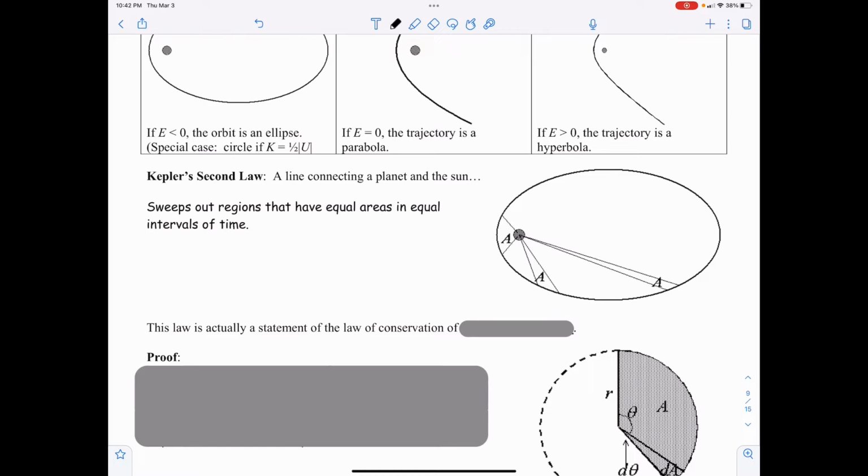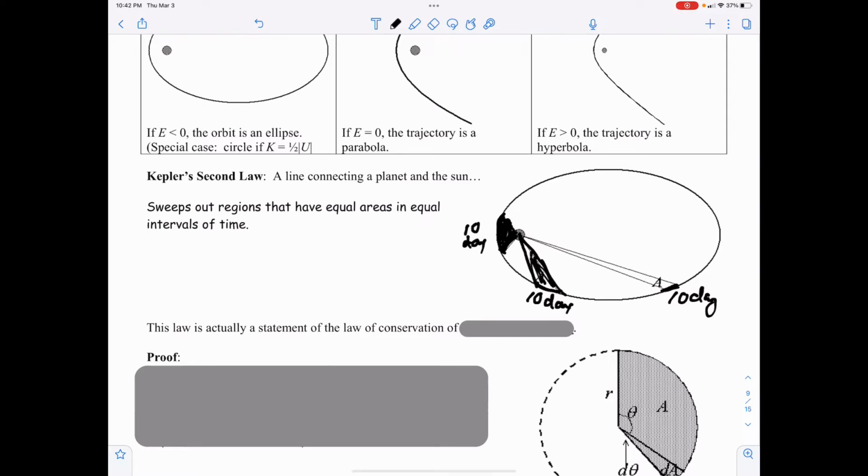So let's say this right here is a 10-day period. And let's say this is also a 10-day period. And let's say that's also a 10-day period. Equal times sweep out equal areas, when we're talking about a line that's drawn from the sun to one point in the orbit to the other point in that particular orbit.